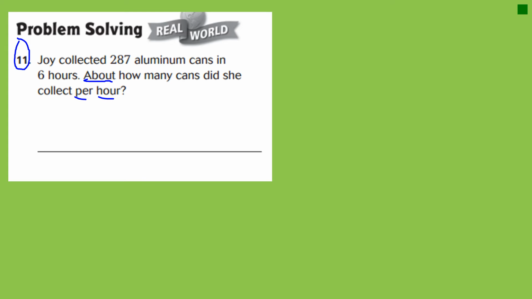That means in 1 hour, okay? In one of those 6 hours, she collected this many. Same amount the next hour, the next hour, the next hour. So we have to separate these 287 aluminum cans into 6 sets and find out how many are in each hour, and that'll be how many cans. That's division, isn't it, boys and girls?